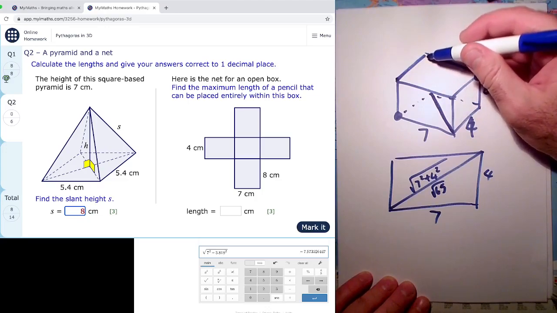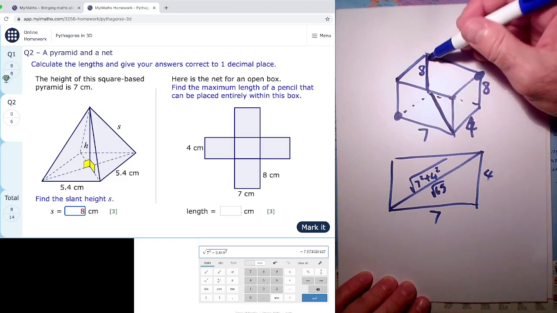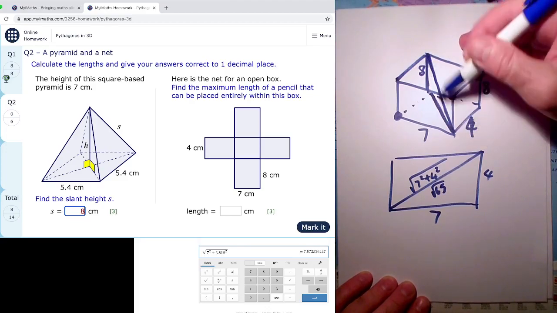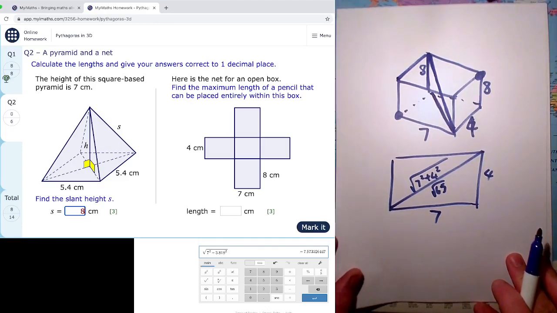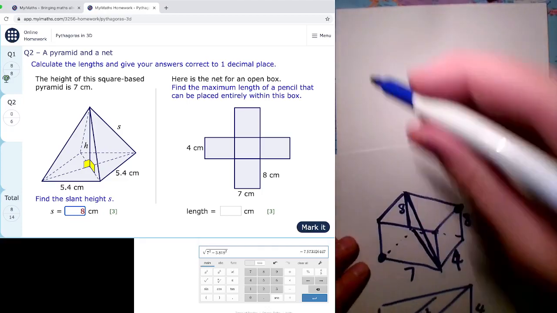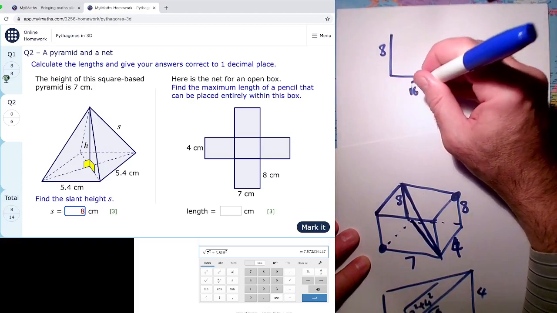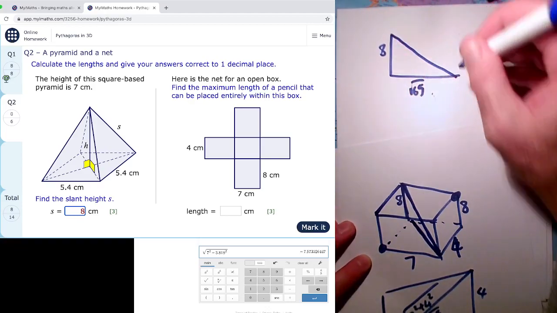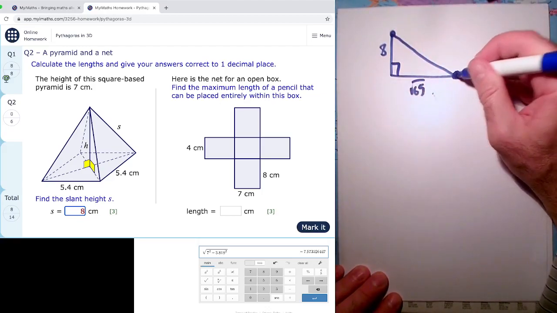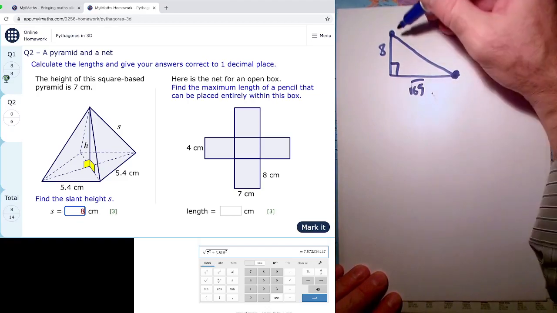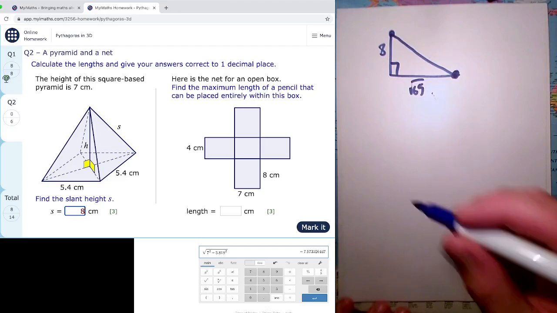And then we've got the height of the box, which we know to be 8. And then the corner to corner diagonal of the box makes a right angled triangle with the two that I just mentioned. So 8 and the square root of 65 form a right angled triangle where the hypotenuse is across the diagonal of the box.